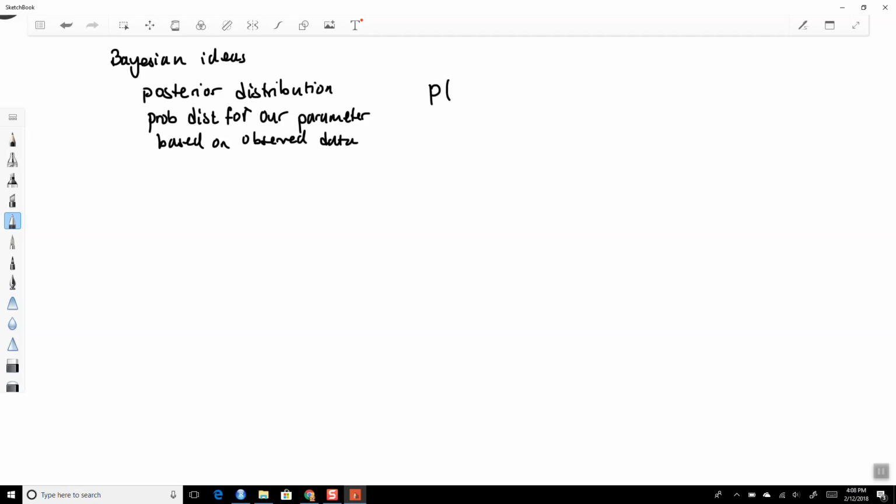This is going to be probability of, in our case, theta given our data x, or, well, okay, the textbook uses y, all right? And this is going to be the likelihood, the probability of getting our data for a given parameter times the prior distribution on that parameter divided by the probability of our data, okay?